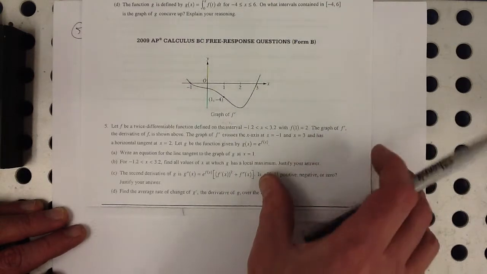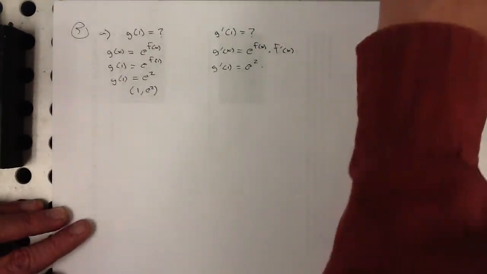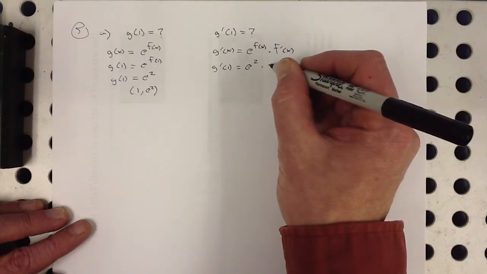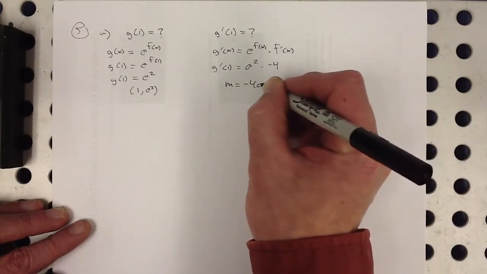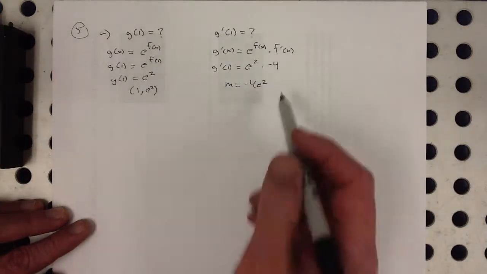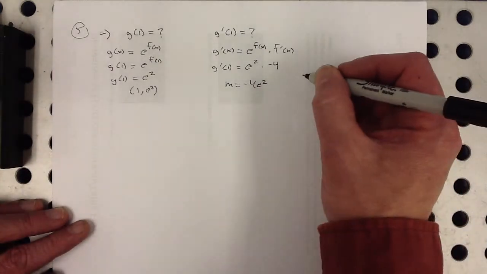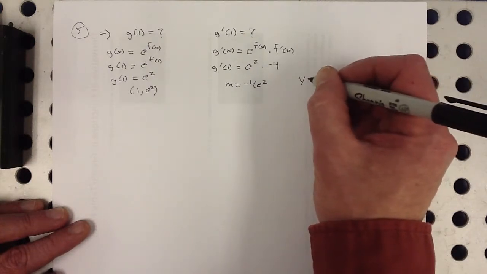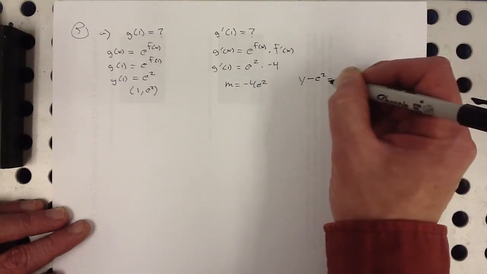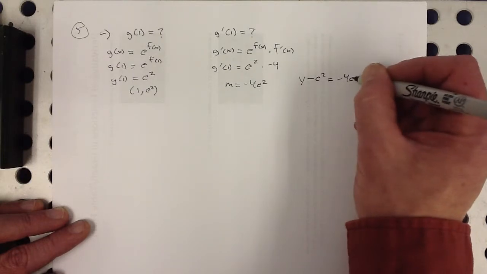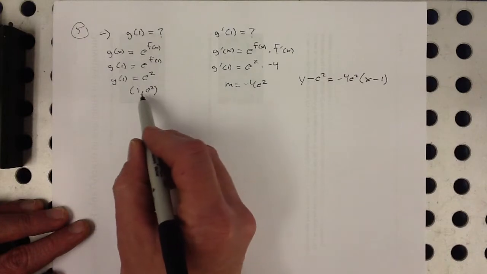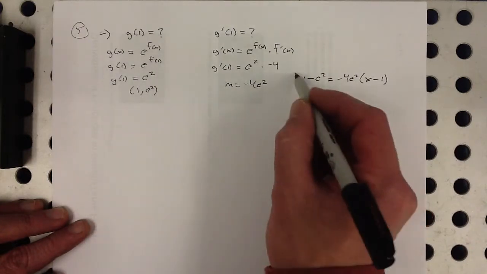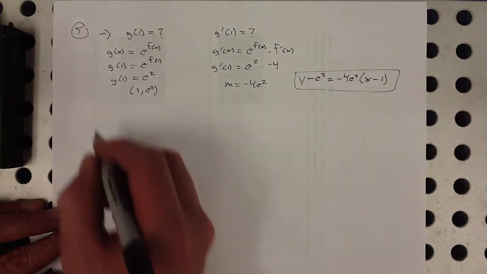That's a point that's marked on the graph there. So f prime of 1 is negative 4. So my slope is negative 4e squared. That's a little bit icky, so I'm going to go ahead and write my answer in point slope form. So that's y minus y1 is equal to m times x minus x1. That's the y1, that's the x1, that's the m. There's my line.